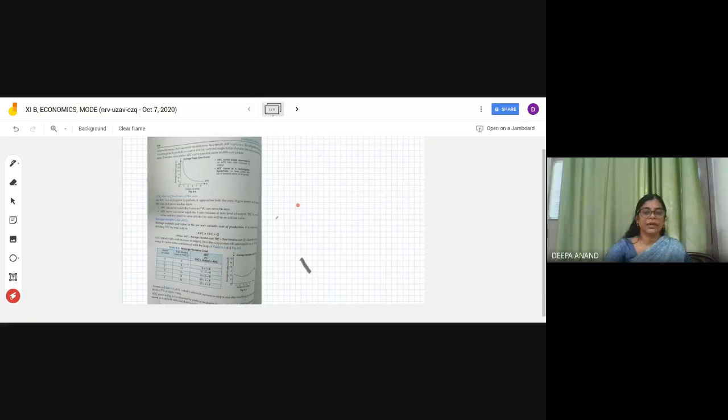Okay, so now we will move to average variable cost. What is average variable cost? It is written here. Average variable cost is total variable cost upon the number of outputs.